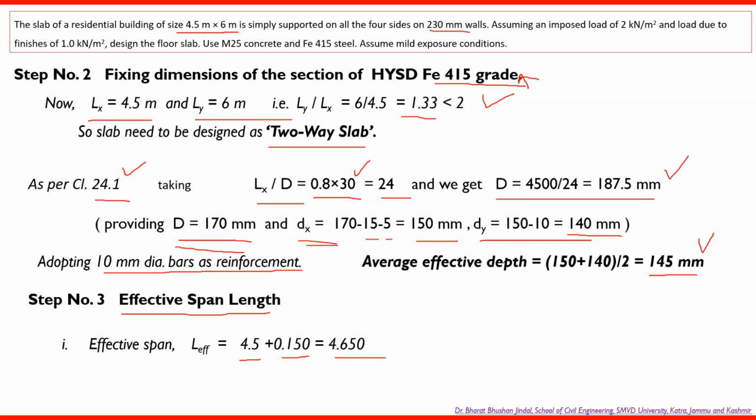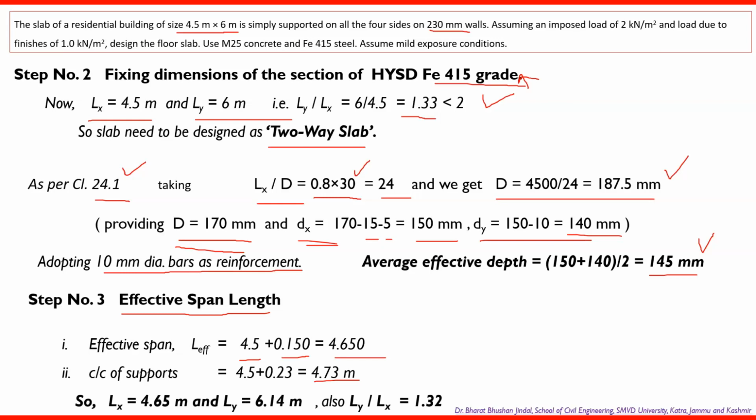So it comes out to be 4.650, and center to center support will come out to be 4.75, and we can take the least of these two values. So ultimately Lx, the effective span along the shorter direction, will be equal to 4.65 meter, and similarly along the longer span it comes out to be 6.14.